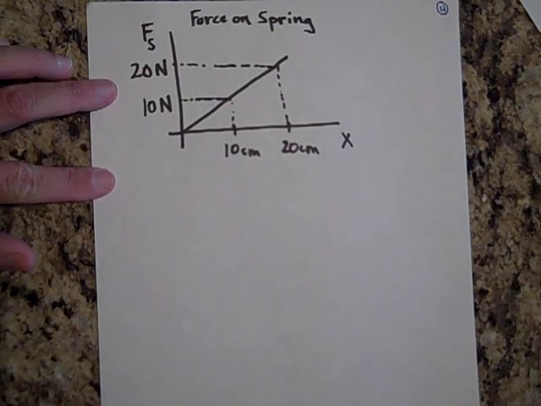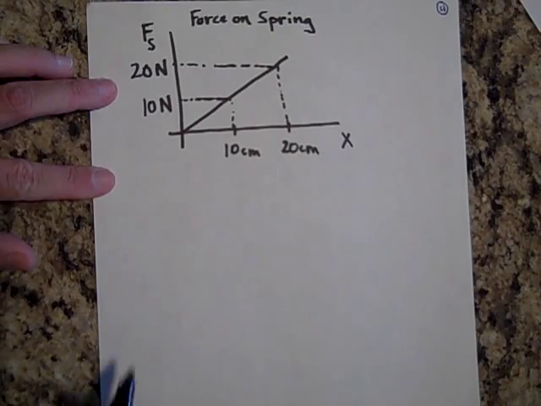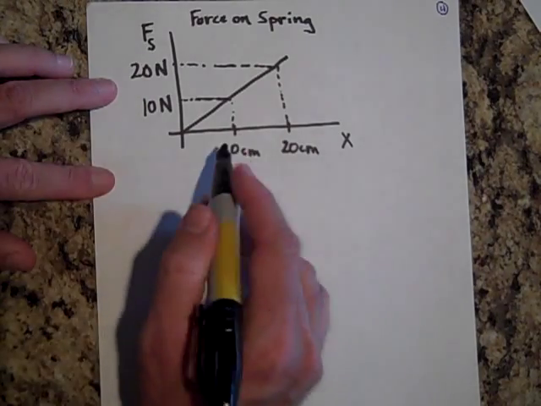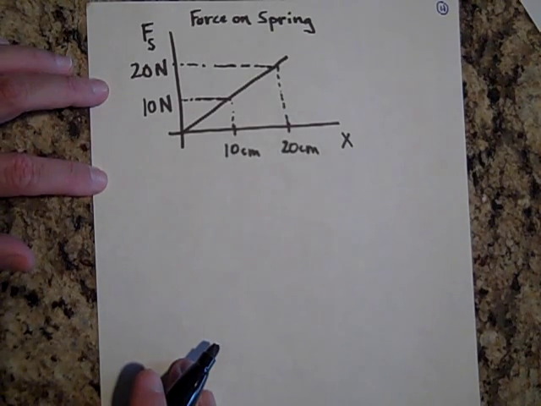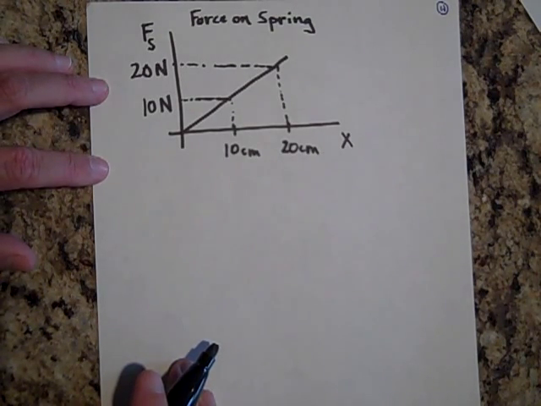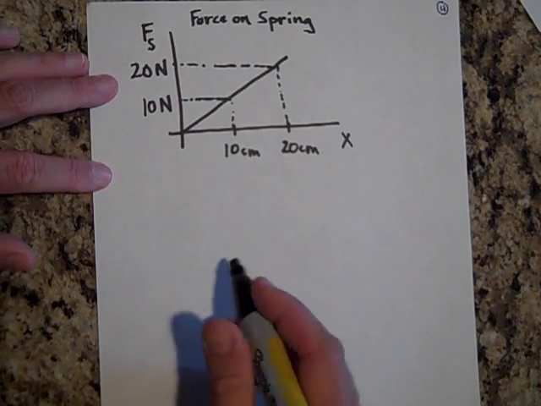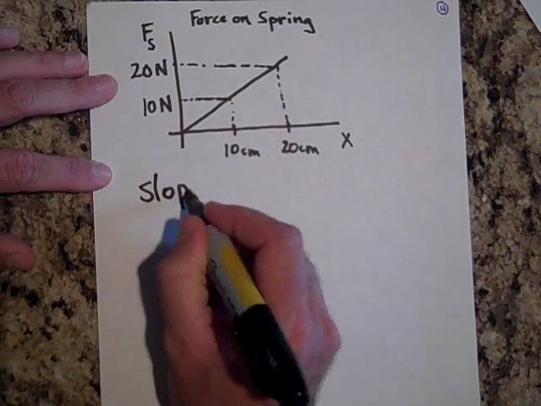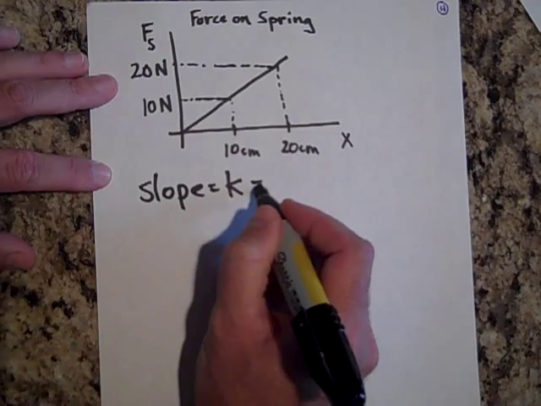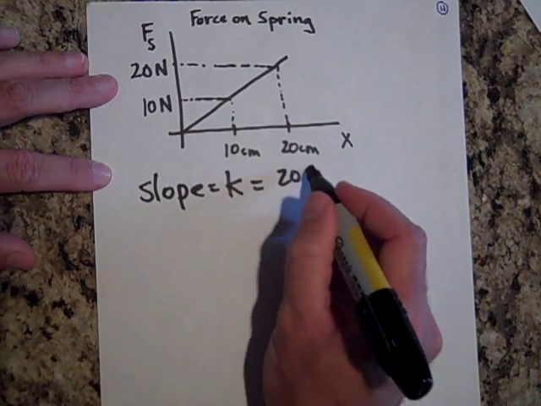Okay, so you've got the force on a spring. I want to know, if this is the force of a spring and its stretch, what is the force constant of this spring? Go ahead and pause. Okay, the spring constant is the slope of this graph. So the slope is equal to k, which is maybe 20 newtons.